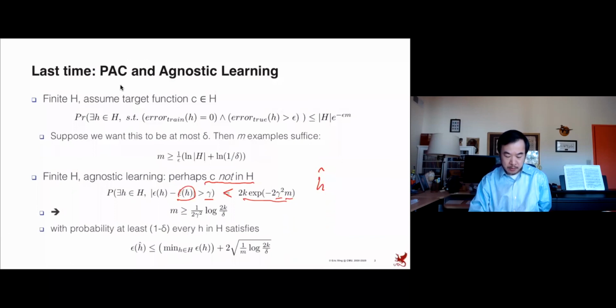So here you can use m to influence both gamma, which is the discrepancy between the training error and the true error, and also the probability of attaining a satisfactory hypothesis, right?